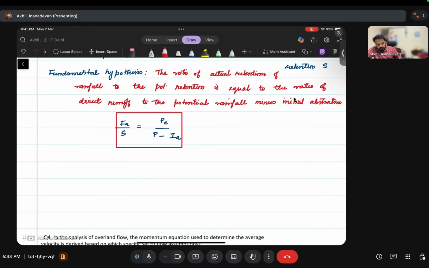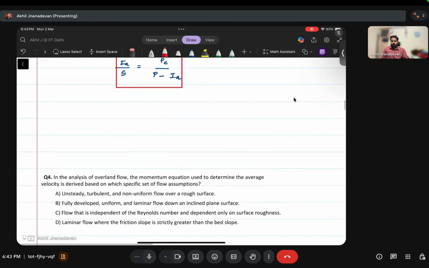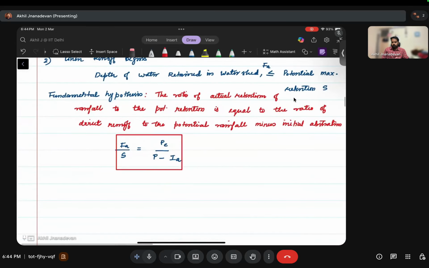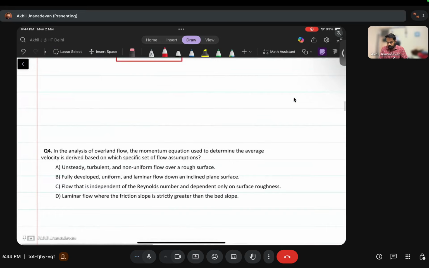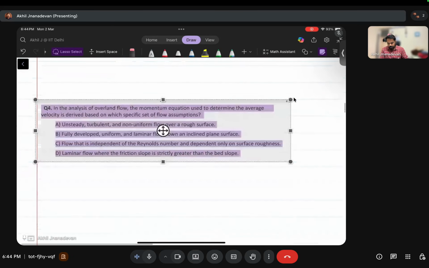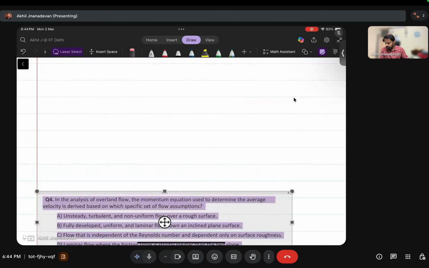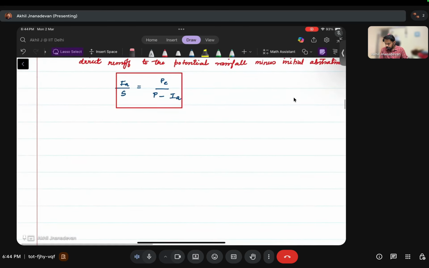The SCS, Soil Conservation Service team, has proved this hypothesis correct, and this method has been derived based on it. We also have the continuity equation: total precipitation is equal to runoff plus the abstraction losses plus the infiltration losses. So this technique considers infiltration also.